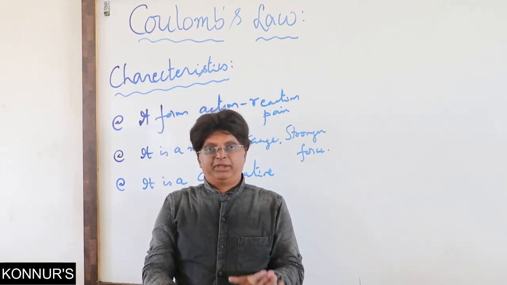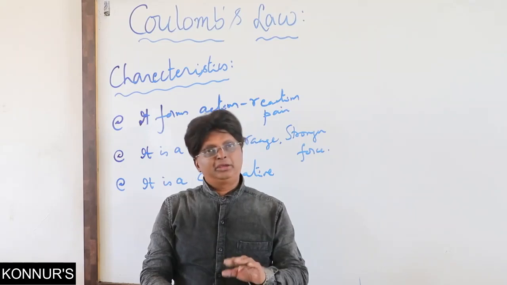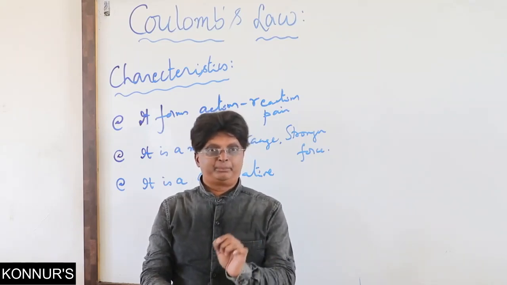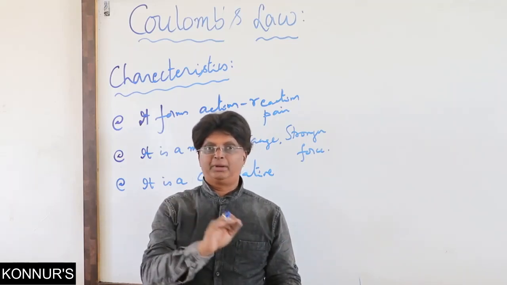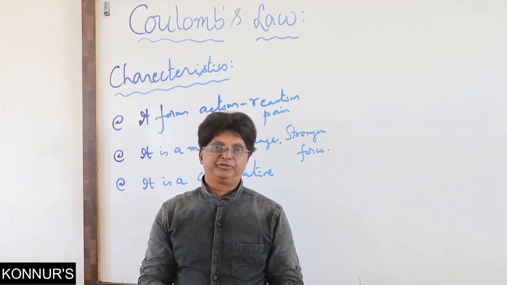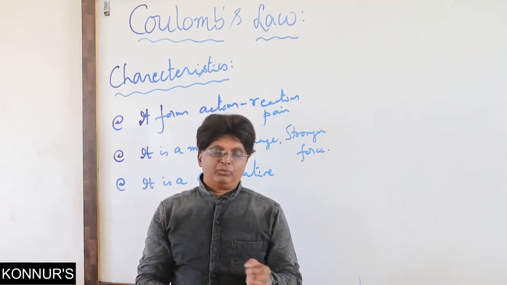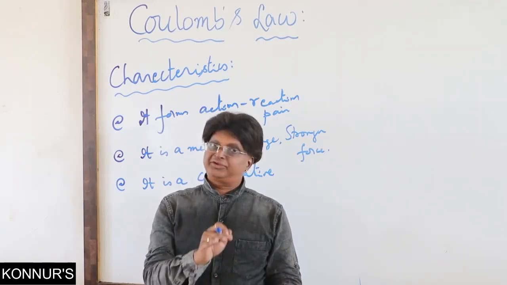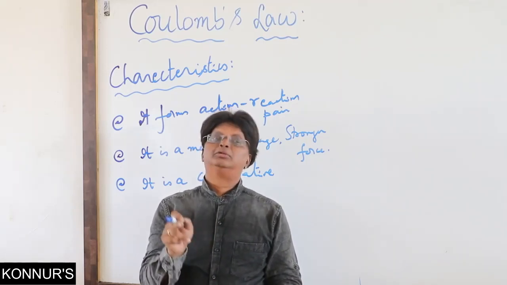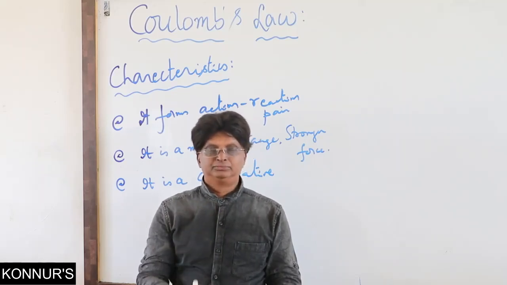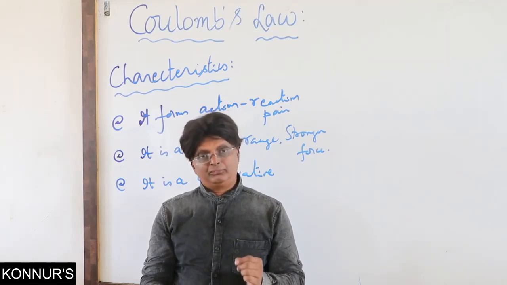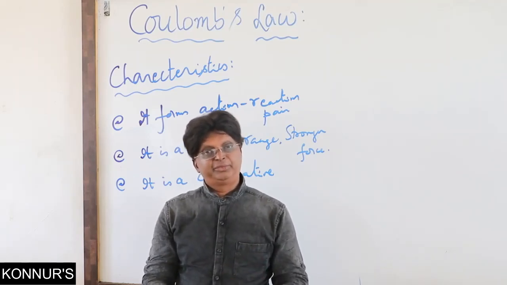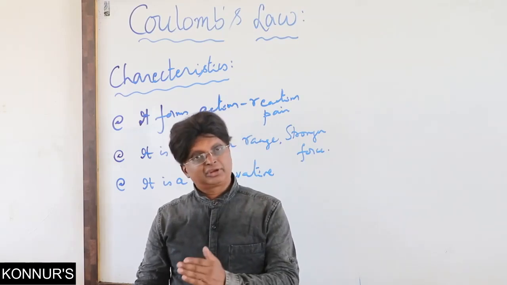A force is said to be conservative if the work done by or against the force is independent of path, depending only on the initial and final positions but not on the actual path followed. Also, in the case of a conservative force, the work done in a closed path is always zero. If that is not the case, we call it a non-conservative force. One of the non-conservative forces we discussed in our first PU is frictional force.